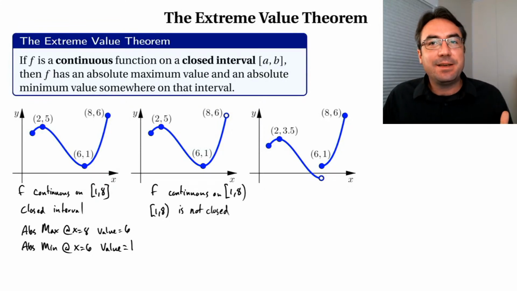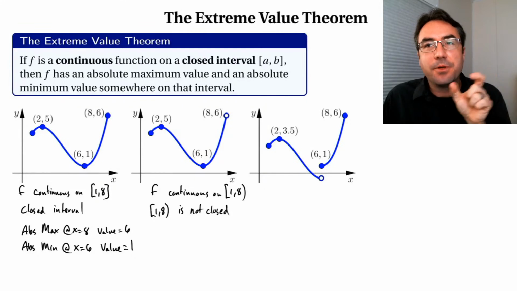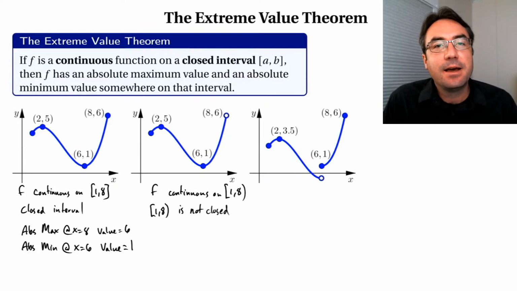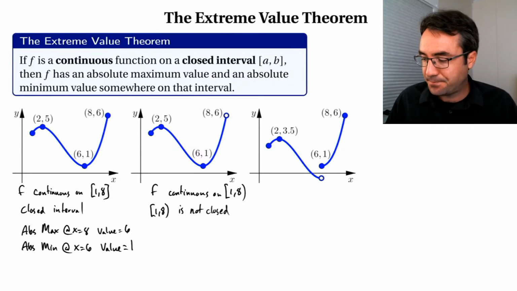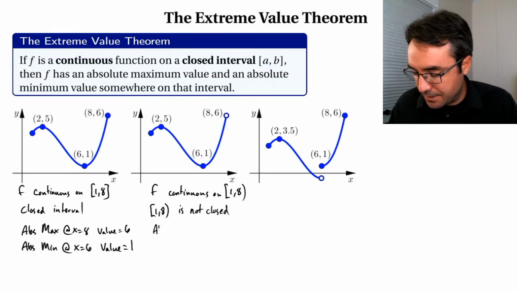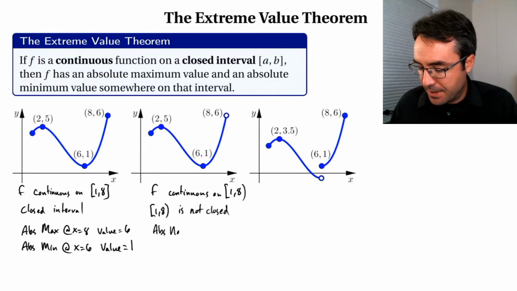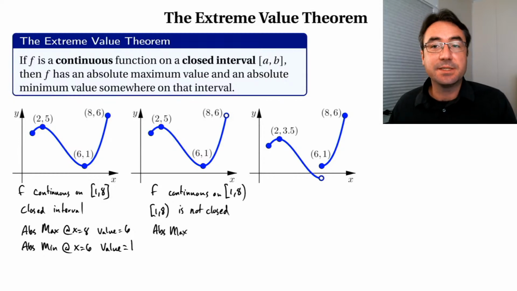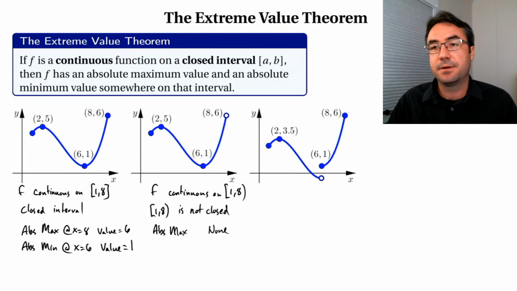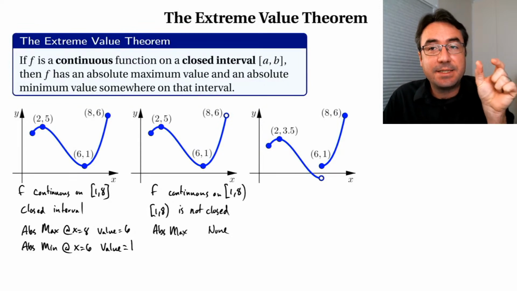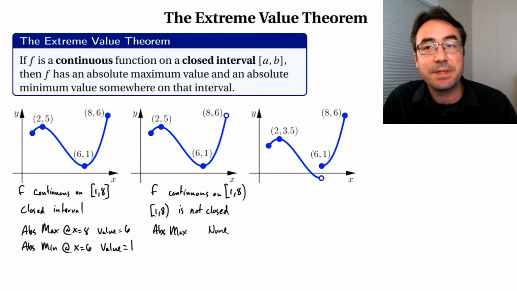And unfortunately, the extreme value theorem needs both of those in order to guarantee our function has an absolute max and an absolute min. So that's what we're seeing here. If we were to look for an absolute max value, it just doesn't exist. There is no absolute max value of this function. The only potential candidate is the one at 0.86, but that's not included on our graph.